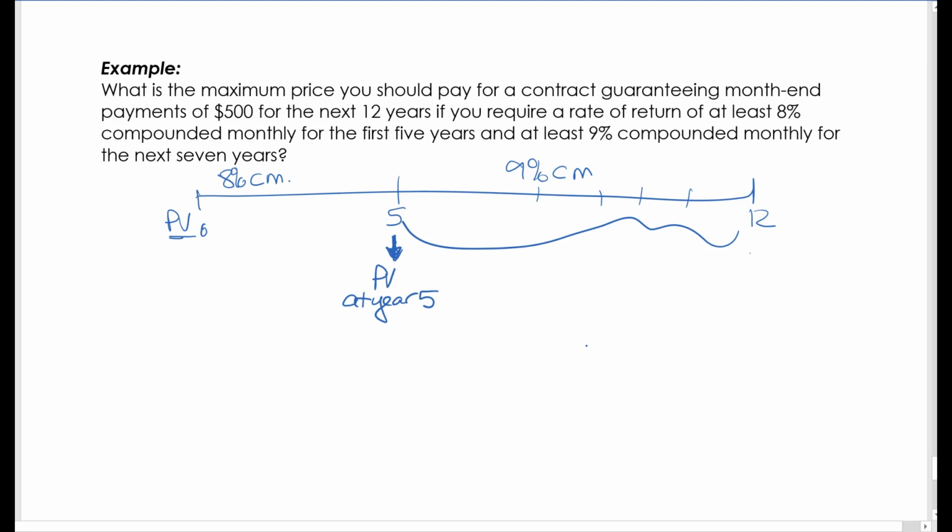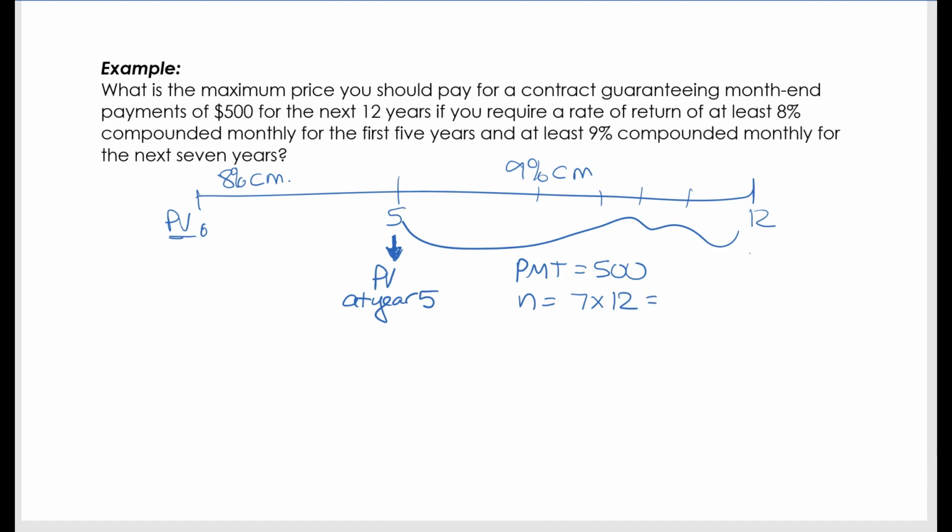So we have $500 payments, 7 years, and they are month-end payments, so monthly.